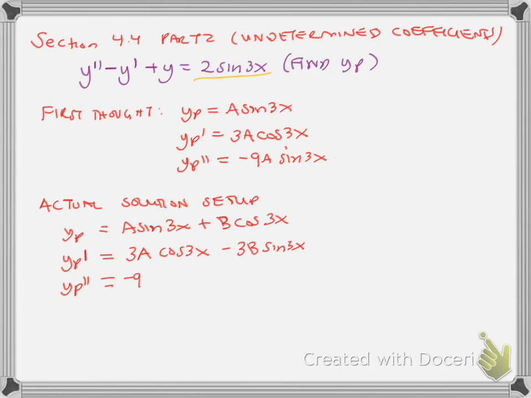And then negative 9a sine 3x minus 9b cosine of 3x. Okay, so that's how you should set it up when your g of x is a trig. Although there is a glitch in this method that we'll look at in another example to see that. But that's the general setup for that.